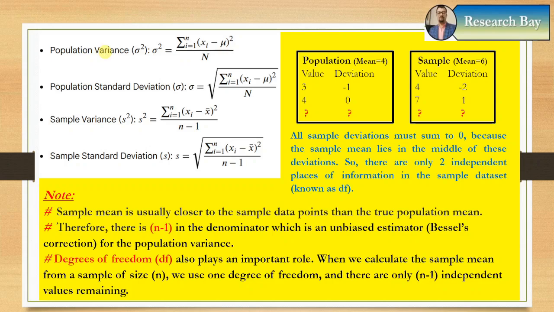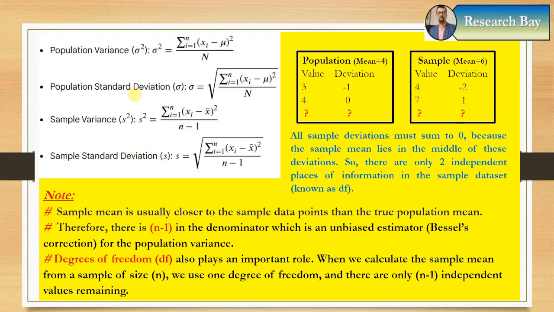Variance is basically the average of the squared deviations from the mean and is expressed in squared units, whereas the dispersion of a data set relative to its mean, calculated as the square root of the variance, is known as standard deviation.